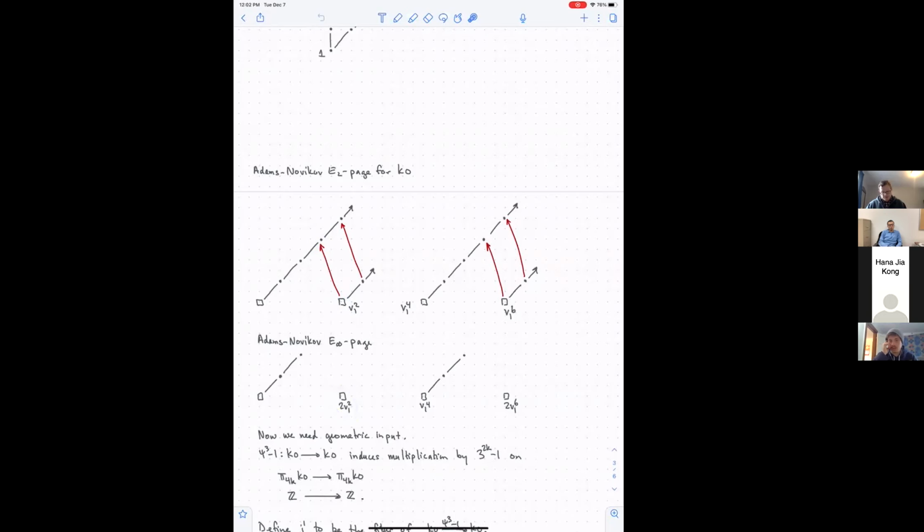So you have these 3 dots that carry over to E infinity. You have 2V1 squared, which carries over, and you have these 3 things that carry over, and then 2V1 to the 6th, and so forth. And then it continues off to the right periodically. So that's what the Adams-Novikov E infinity page for little KO looks like.